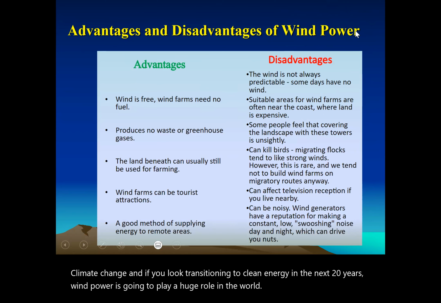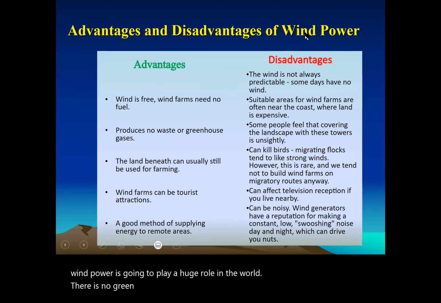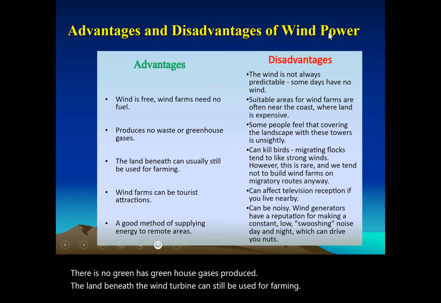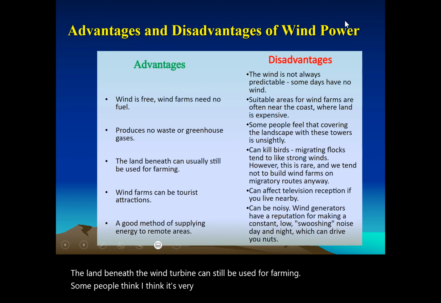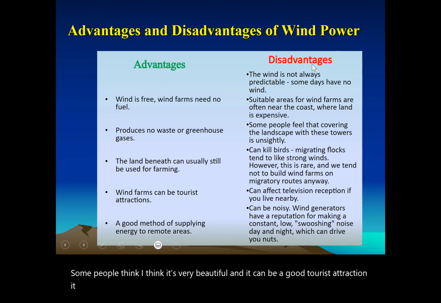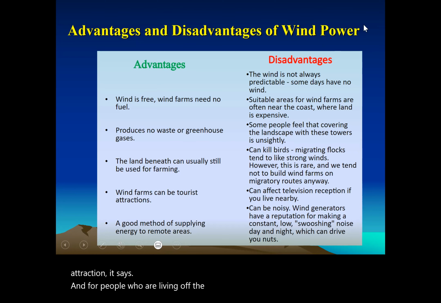There are no greenhouse gases produced. The land beneath the wind turbine can still be used for farming. Some people think, and I think it's very beautiful, and it can be a good tourist attraction. And for people who are living off the grid, wind power is very efficient.